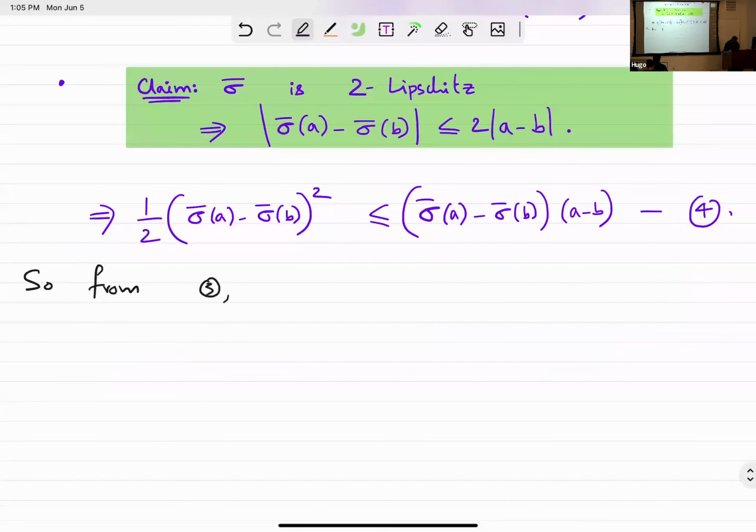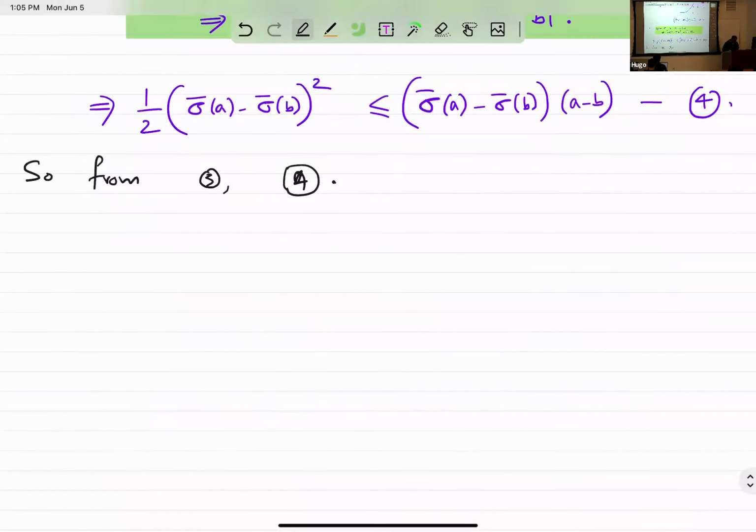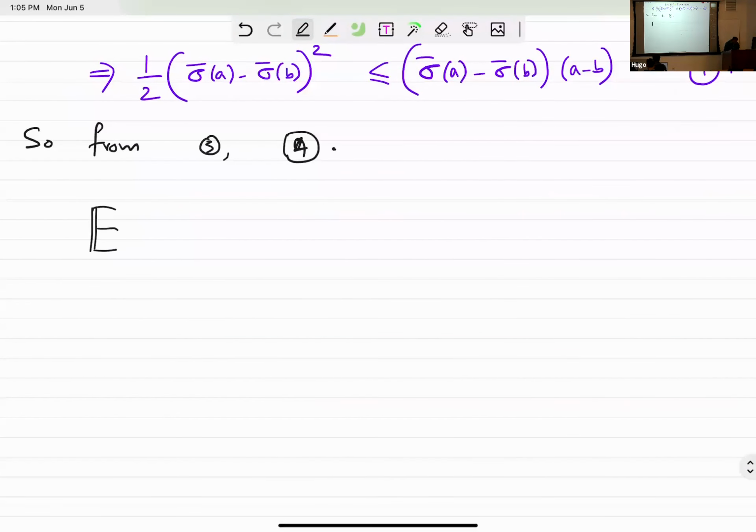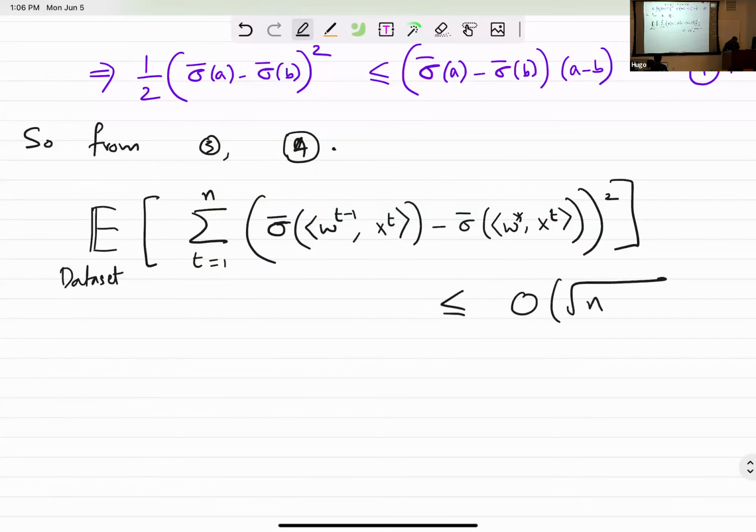So from 3 and 4, what do we get? We get the expectation over the data set of the sum of the losses, sigma bar... okay.